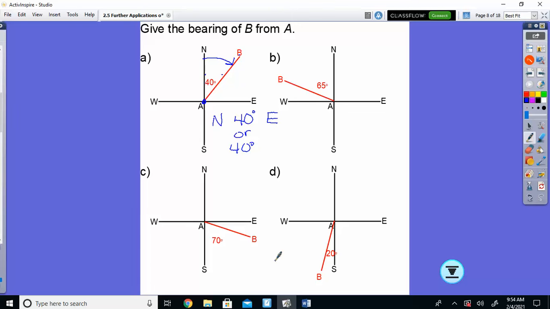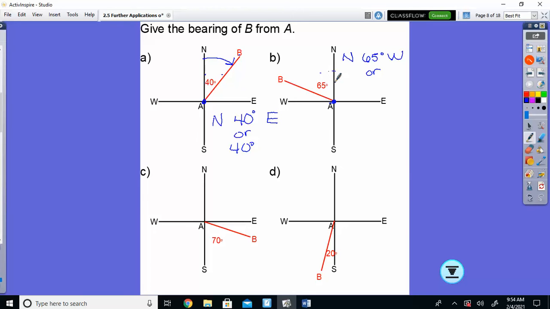For B, first notation, from A, do you have to go north or south to get to B? So it'll be north. How many degrees from the north-south line? 65 degrees. Is B east or west of A? Or, the second notation is a single degree measure from due north.